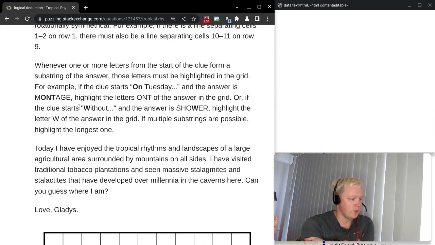Or if the clue starts without and the answer is shower, highlight the letter W of the answer in the grid. If multiple substrings are possible, highlight the longest one. Basically, once we have a finished grid, we can start coloring in certain parts of the answers. But we can fill the grid first and then look at that.